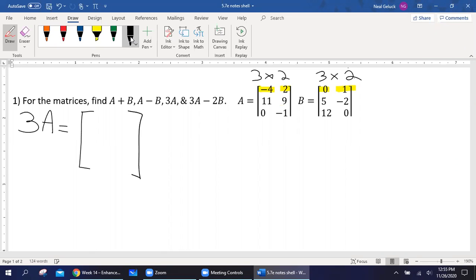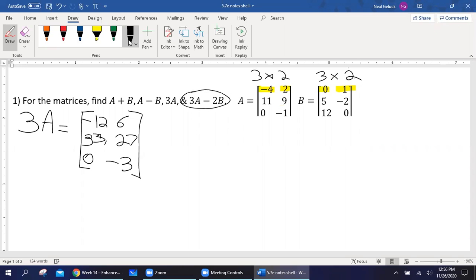So this is going to give me -12, 6, 33, 27, 0, and -3. So that's the 3A part.